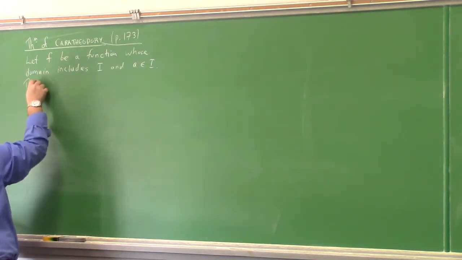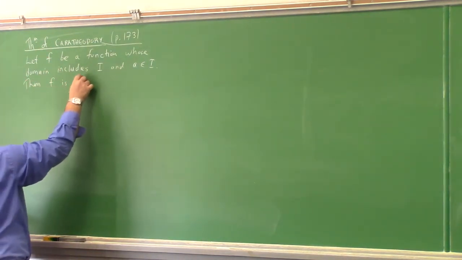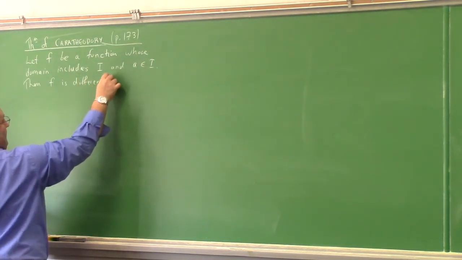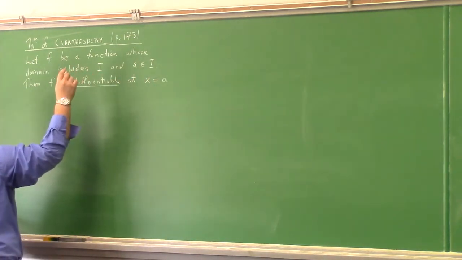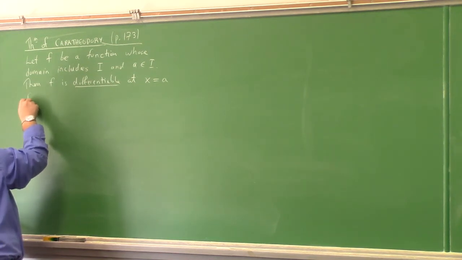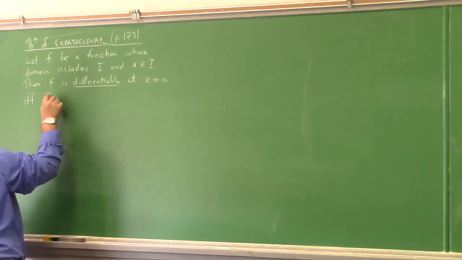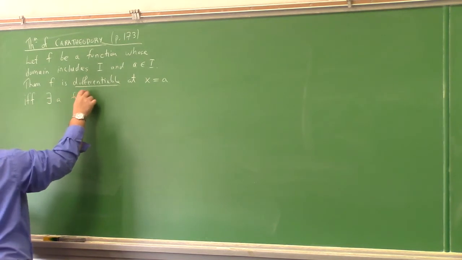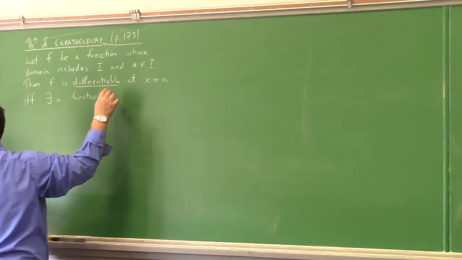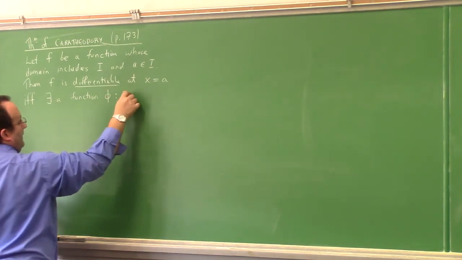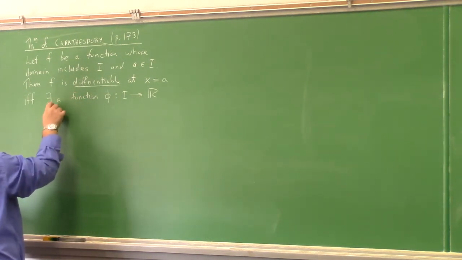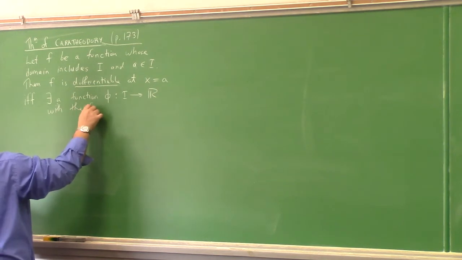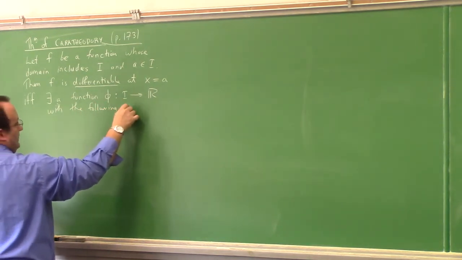Then f is differentiable at x equals A if and only if there exists a function phi from I to the reals with the following two properties.